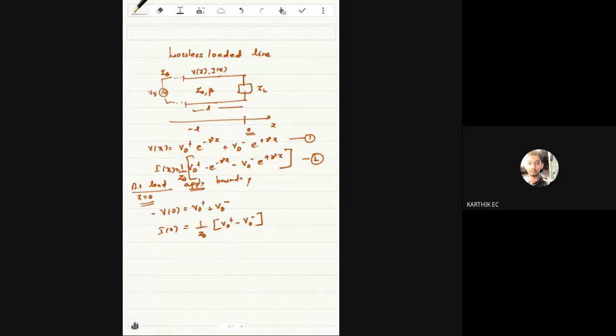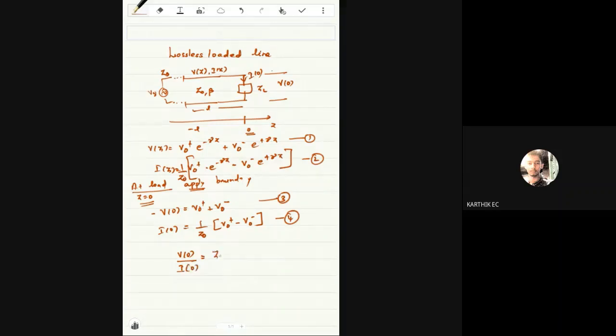It is V of 0, and the current across the load is I of 0. So if I divide equations 3 and 4, voltage at the load V of 0 by current I of 0, that is voltage by current, I'll get the load impedance.